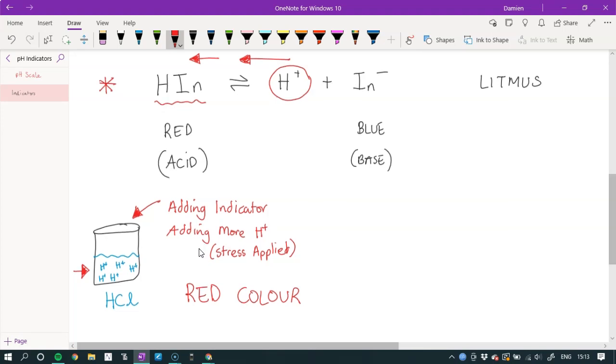The same thing applies then for when you're adding it to a base. So again, same thing with a base. What have we got in the base? Well, our base is OH minus ions. What happens when we add an indicator? We are adding H pluses.